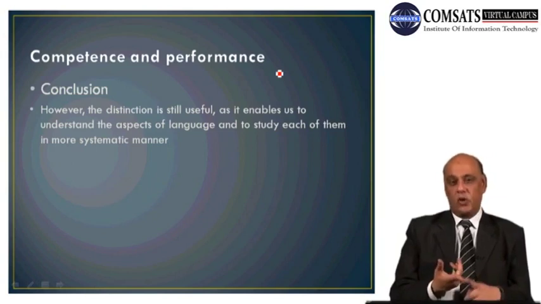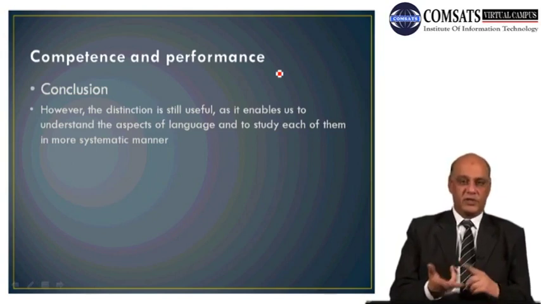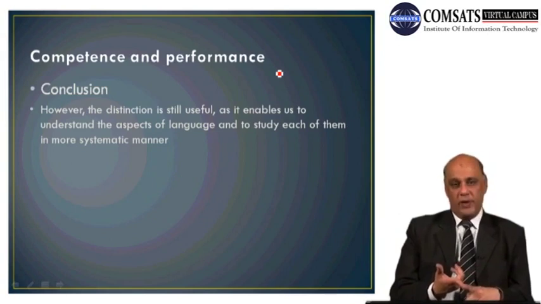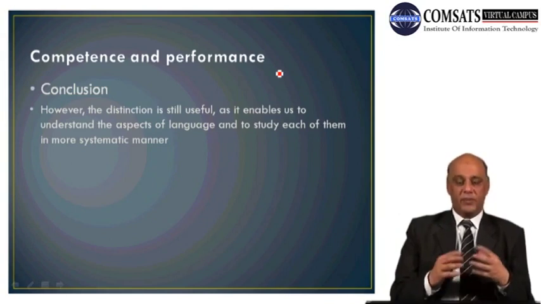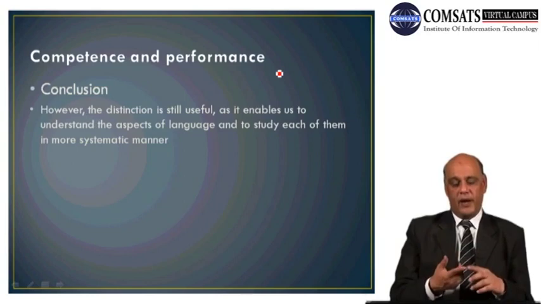Competence and performance, distinctions given by Noam Chomsky. Competence is the skill, the permanent code which is in the brain, and performance is what the person does. So this is all we had about the langue and parole distinction and the competence and performance distinction.